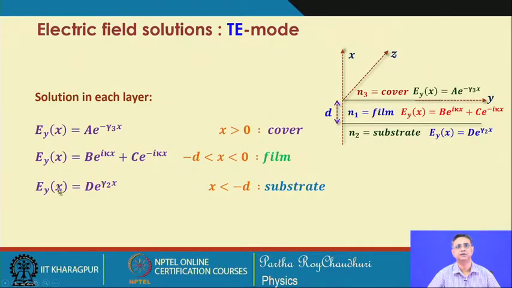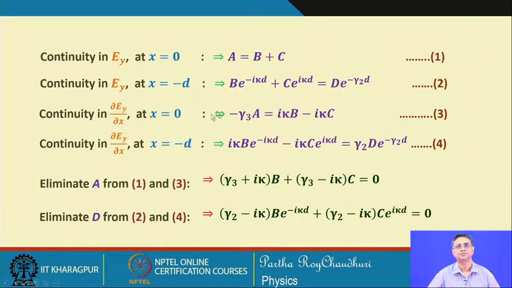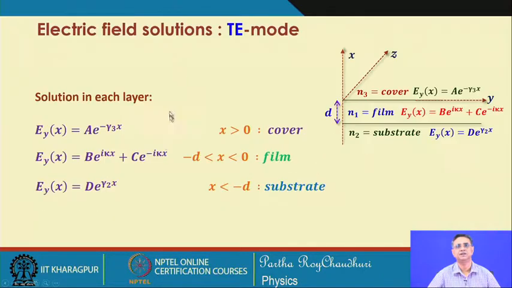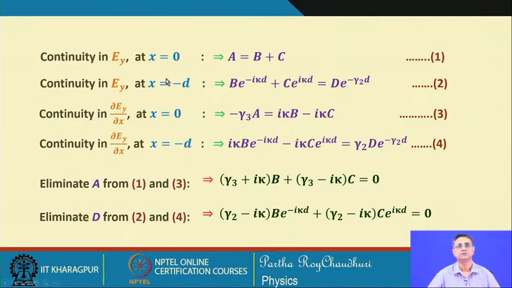If you connect these two equations by putting x equal to 0 and x equal to minus d, we can write a e to the power of minus gamma 3 d, and so you can bring in this equation.